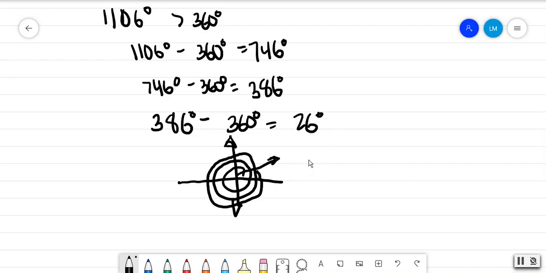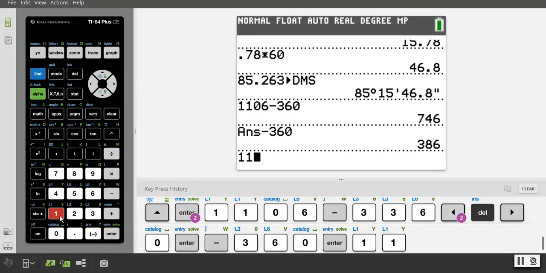So we have that this terminated in quadrant 1, and 26 degrees is definitely an acute angle, but it's also the coterminal angle. Now, another way we could have done this is to figure out how many times we need to subtract 360.